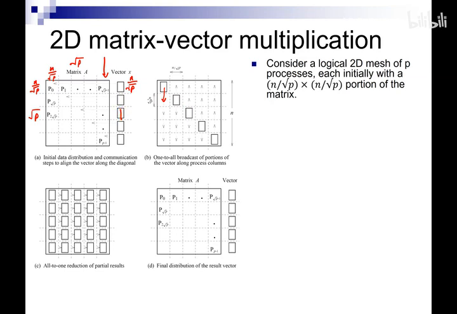So we're going to take these small parts of X and broadcast each of them in the corresponding column.